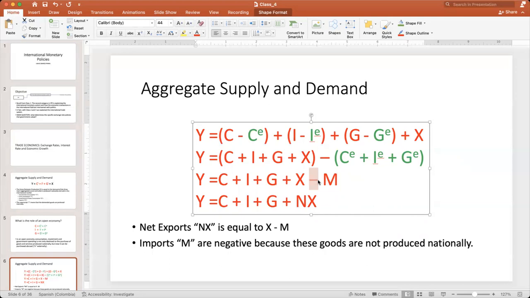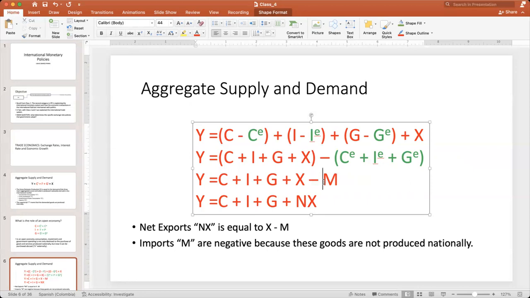Imports are goods and services that are paid with national currency, but this money is not within the country. This money is not producing employment, it's not paying the wages of the citizens of our country, and so on and so forth.